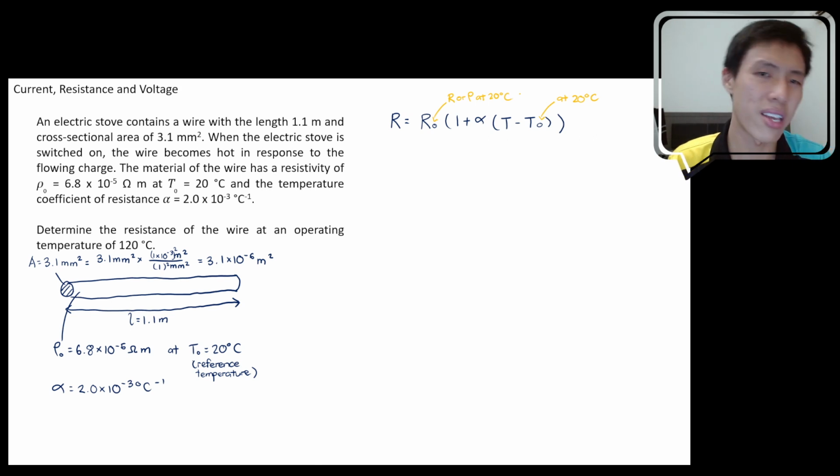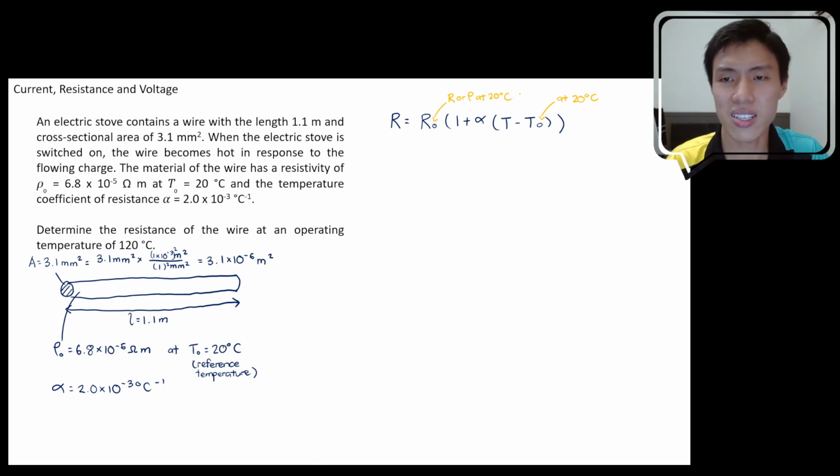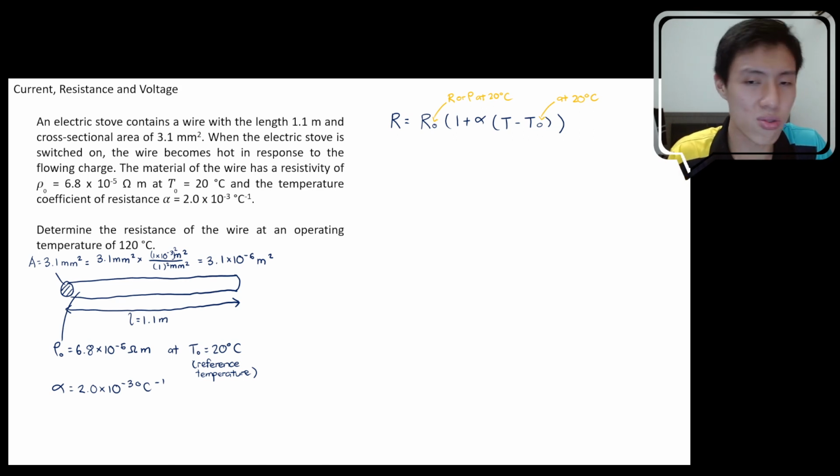There are certain books that say you can go from 120 degrees Celsius to 220 degrees Celsius, but it's just not suitable to do so. There's a long reason why. You have to base it on a reference temperature, and the global standard is 20 degrees Celsius.